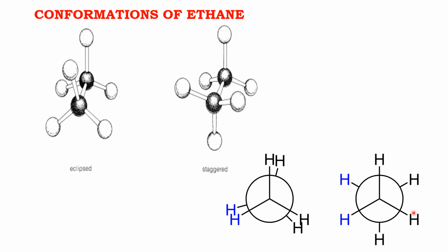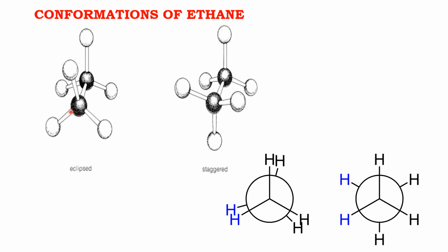Hence, we could say ethane could exist in an infinite number of conformations, but only 2 extreme conformations are possible. They are eclipsed conformation and staggered conformation.